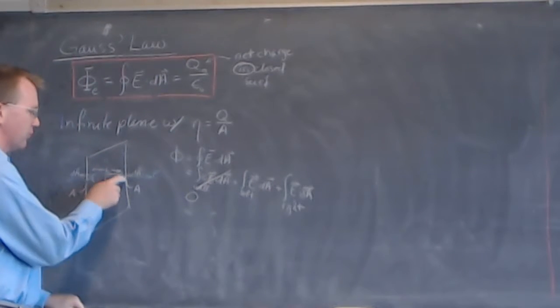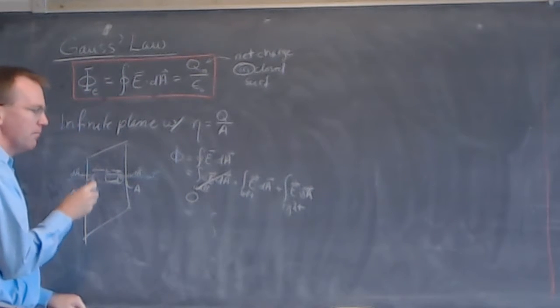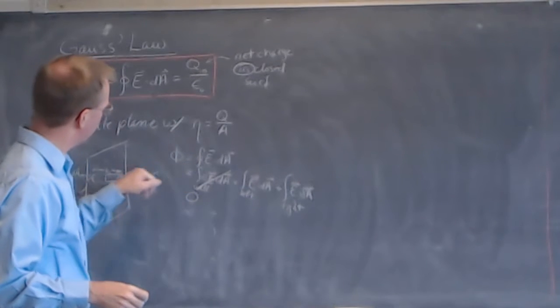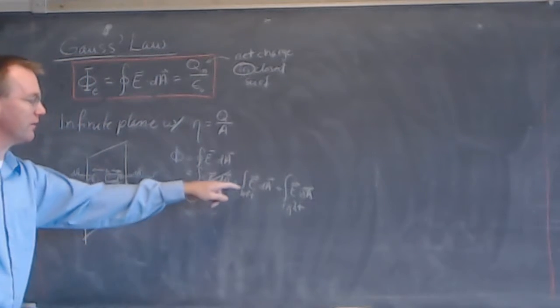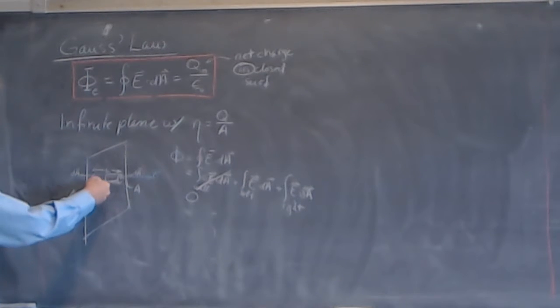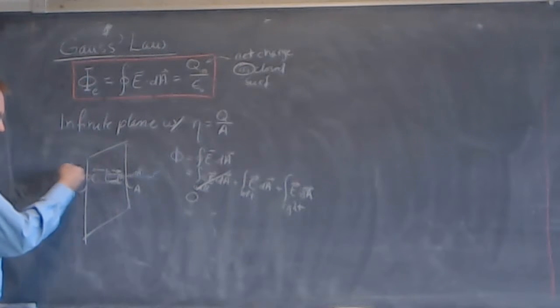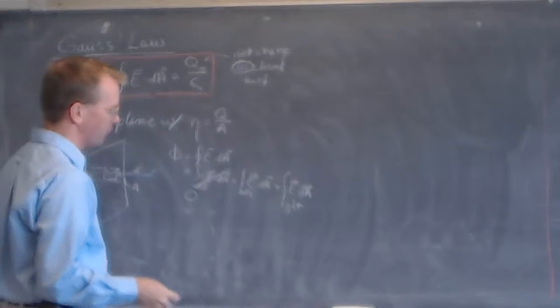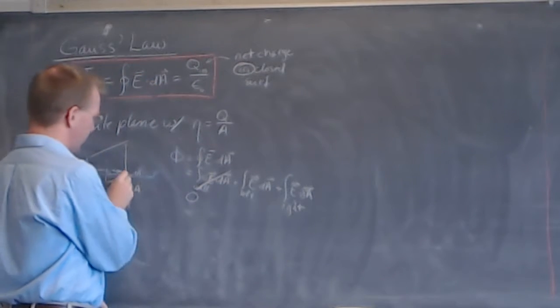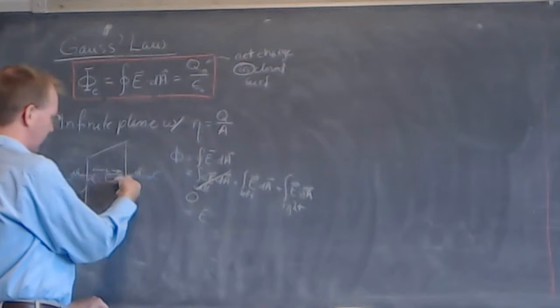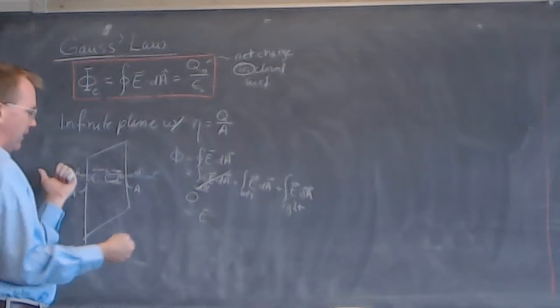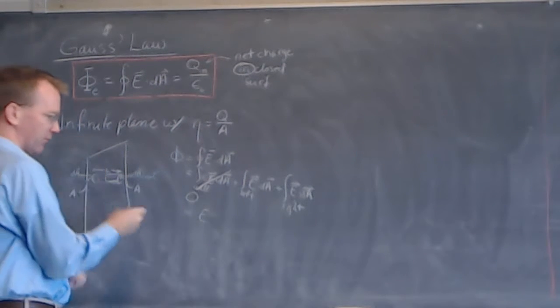For the left and the right ones here, both of these, the field lines are parallel to dA, so it's positive in both the left and the right cases because the field is going to the left when the surface goes to the left and to the right when the surface goes to the right. The ends have area A on them. So for the left, I've got field that way, dA that way, so it's positive.